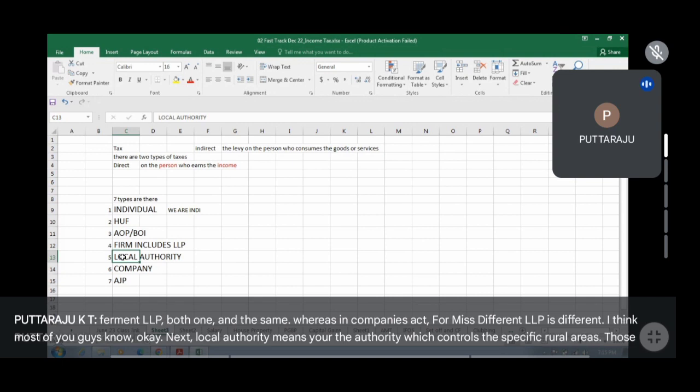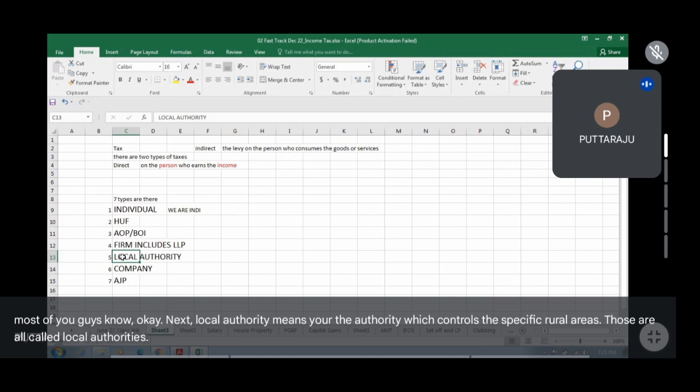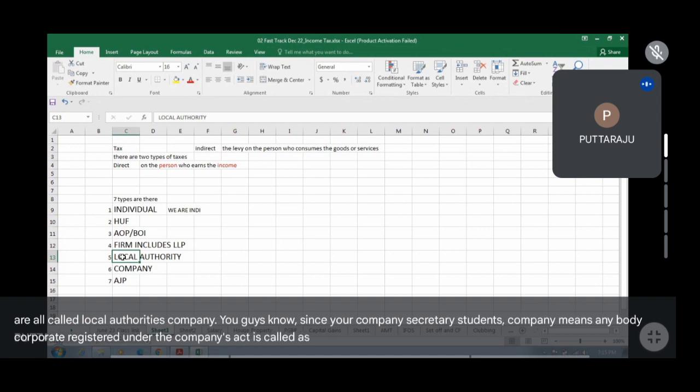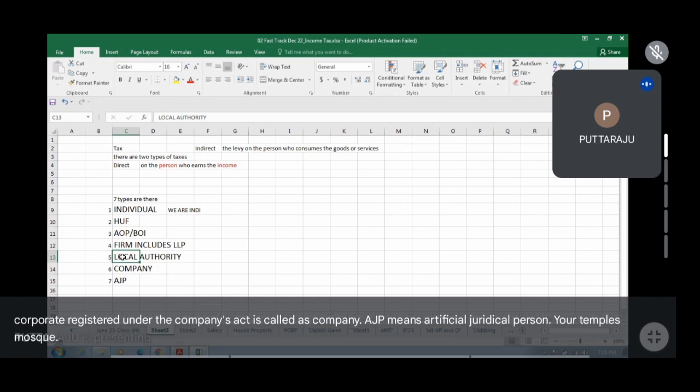Those are all called local authorities. Company, you guys know, since you are company secretary students, company means any body corporate registered under the Companies Act. AJP means artificial juridical person, your temple, mosque, deities are called artificial juridical persons. Any confusion in this?